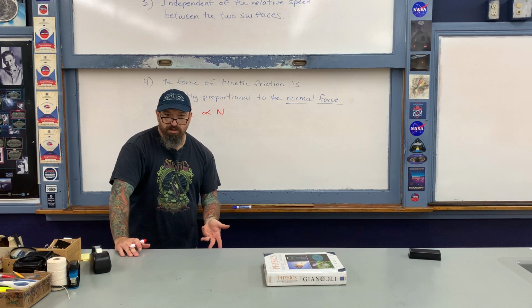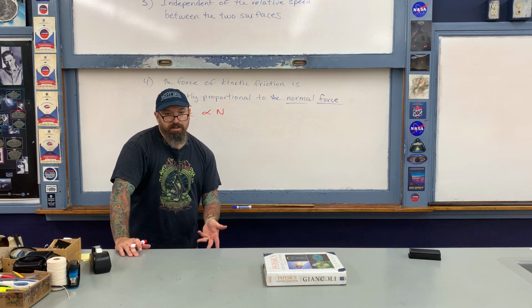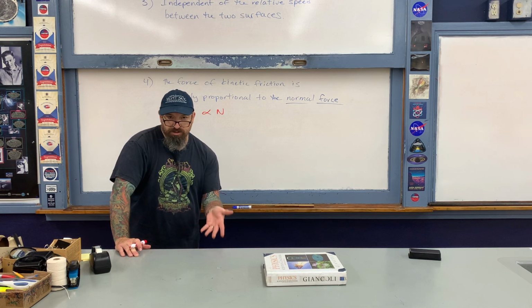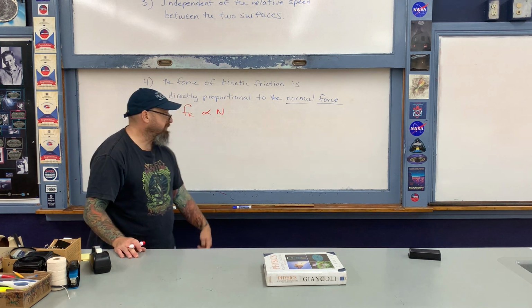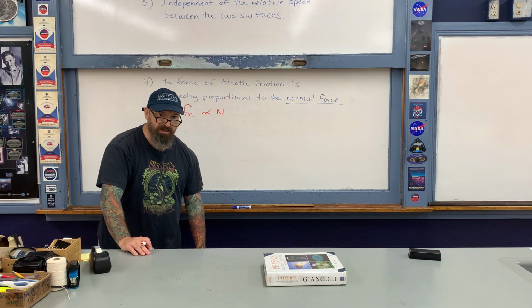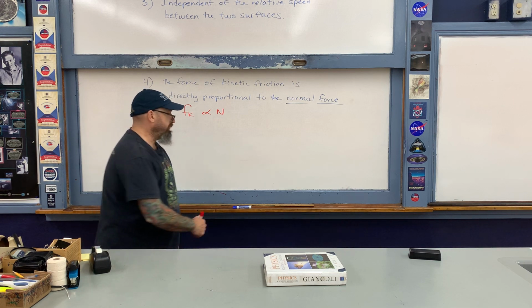Now this right here is the proportionality symbol. When you have two quantities that are proportional to each other, this means that there is a coefficient present that turns this into an equal sign. Here's how we write this coefficient.